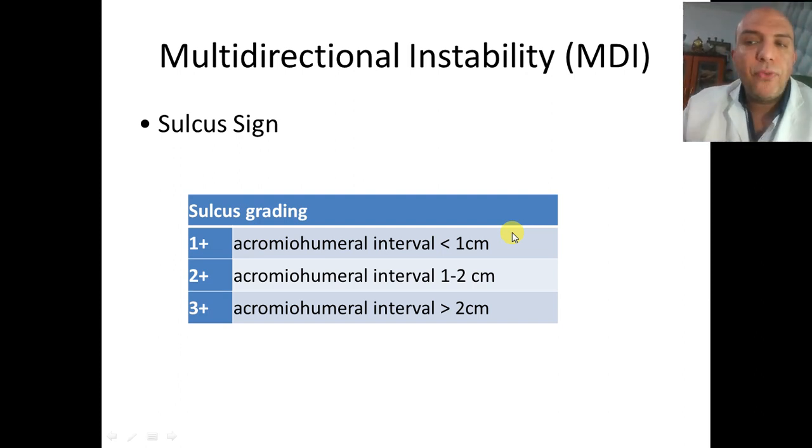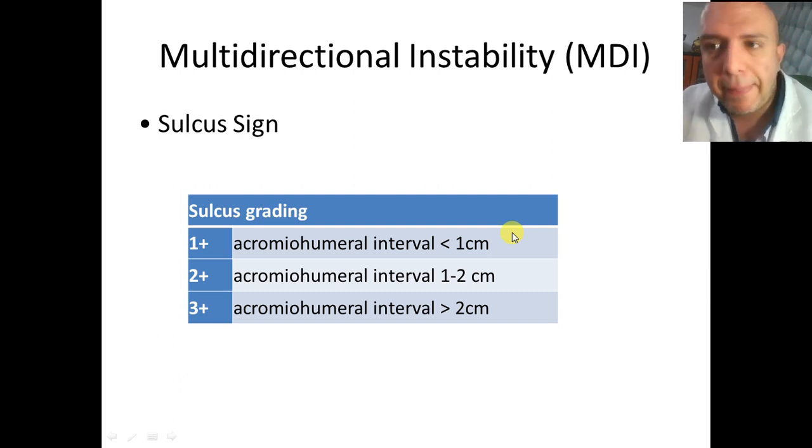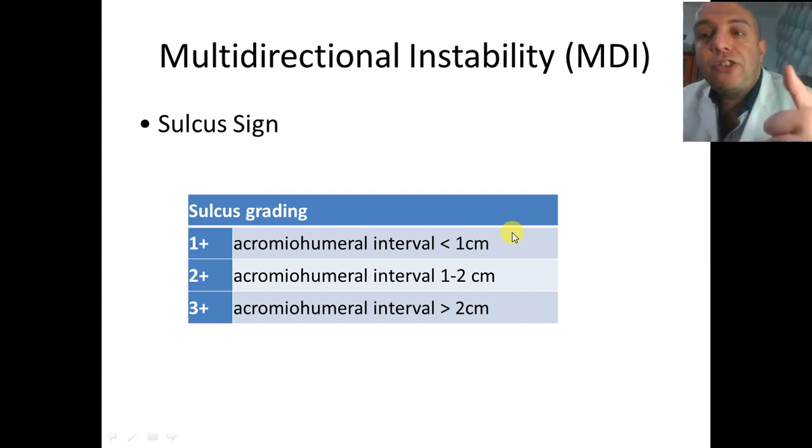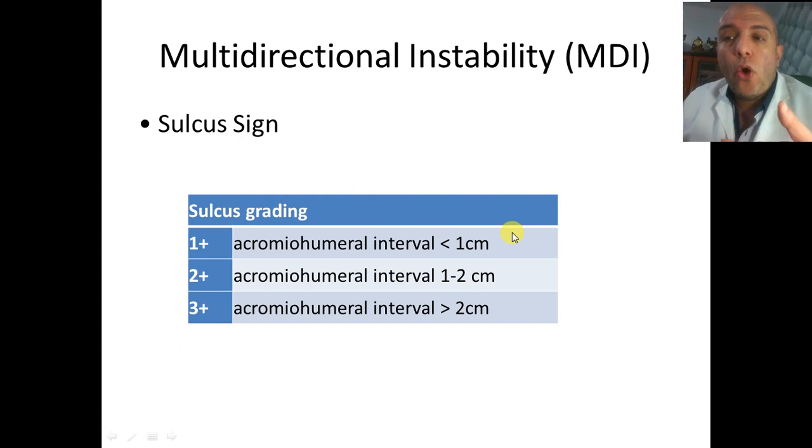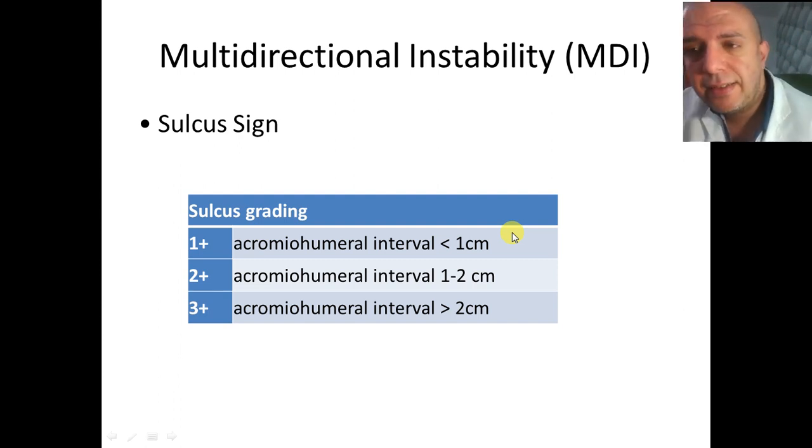Subscap, the one which is below the back. You try to hold the hand back to his back, but if he can't maintain this position and the dorsum of the hand touches the back, so he can't hold this position, so the subscapularis is dead.